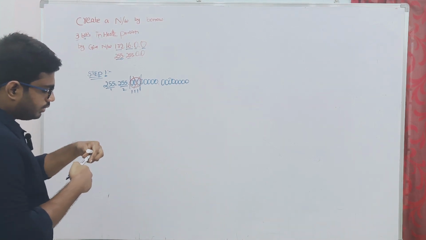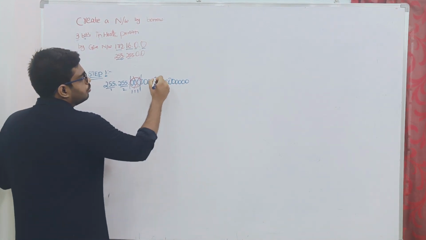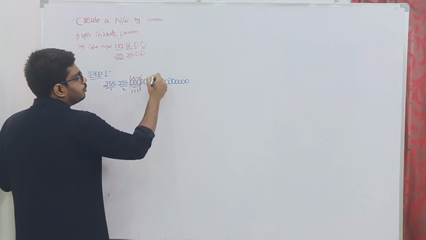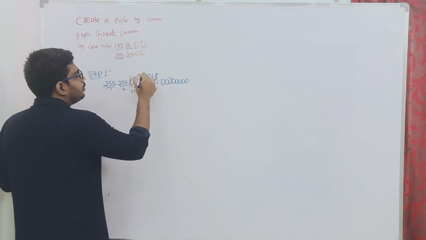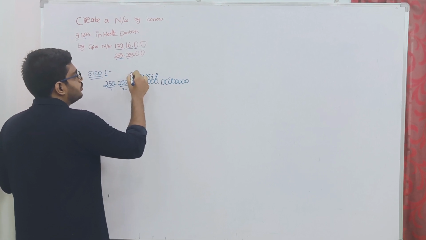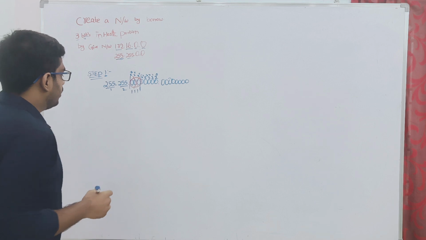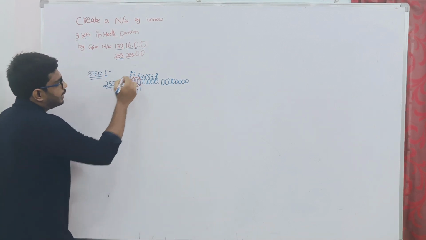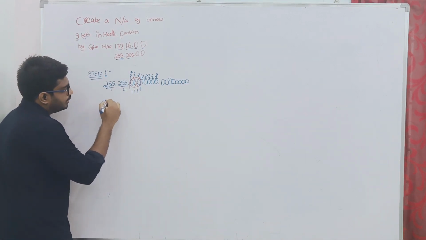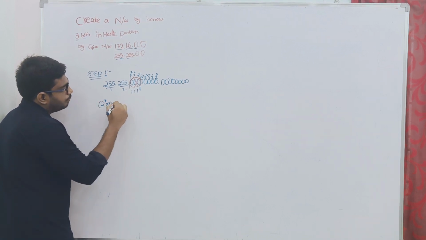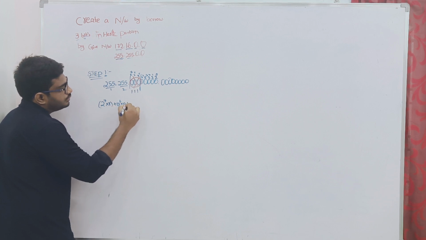In the third octet, from the rightmost, you take 2 power 0, 2 power 1, 2 power 2, 2 power 3, 2 power 4, 2 power 5, 2 power 6, 2 power 7. You multiply the corresponding 2 power value by 1, plus 2 power 6 into 1, plus 2 power 5 into 1.